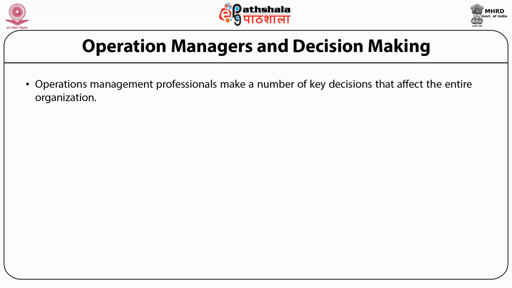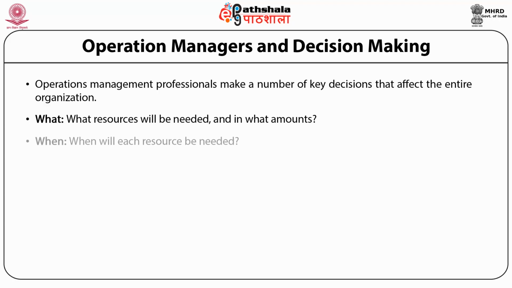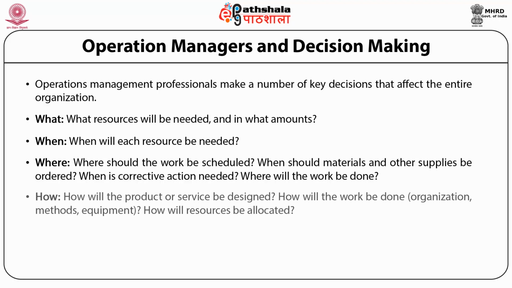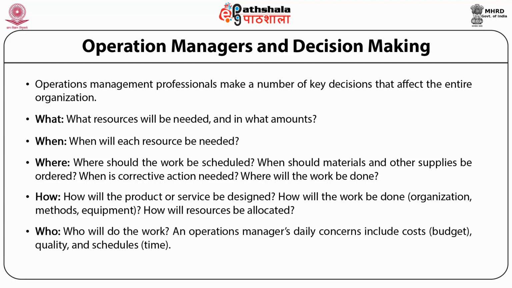These include the following: what resources will be needed and in what amount, when will each resource be needed, where should the work be scheduled, when should material and other supplies be ordered, when is corrective action needed, where will the work be done, how will the product or service be designed, how will the work be done, organizational methods and equipment, how will resources be allocated, who will do the work. An operation manager's daily concern includes cost, quality, and schedule.